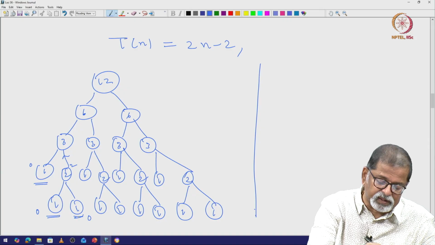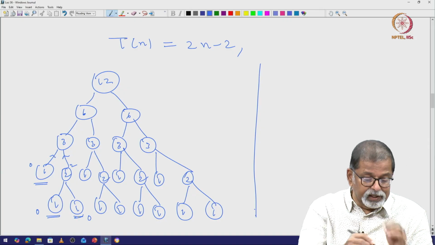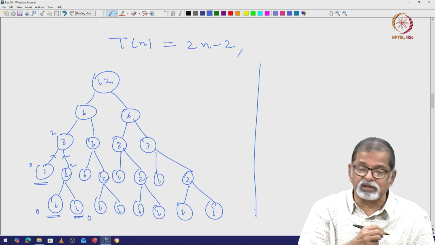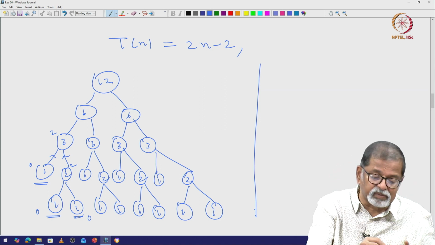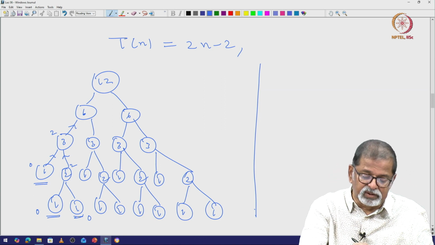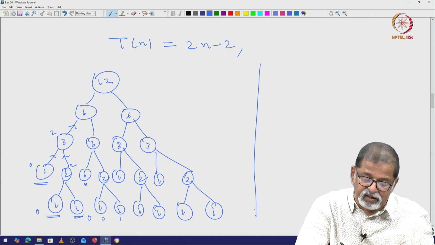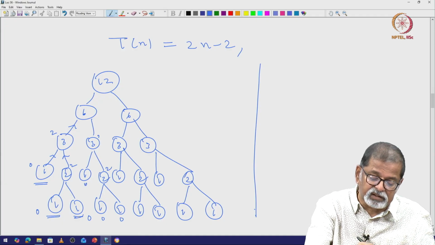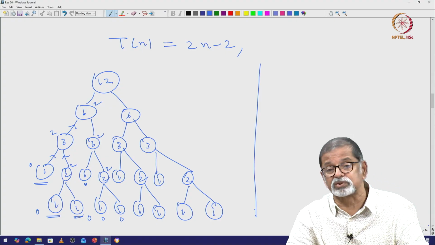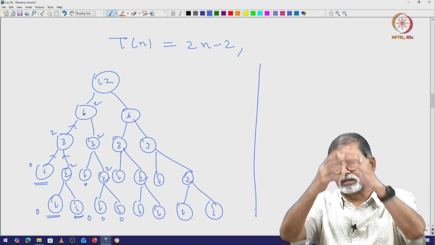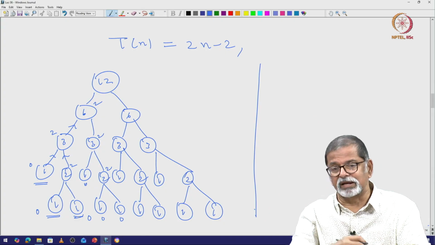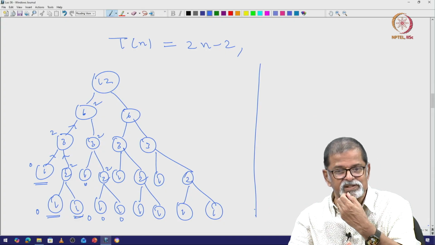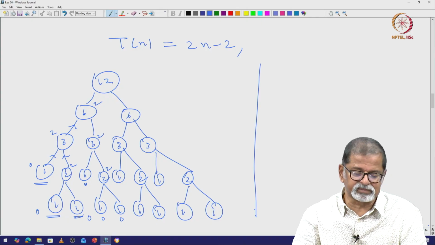Here with 0 comparison you will return. Again mins are compared, max are compared, min and max are returned. So in this way the leaves will have 0 cost, every internal node will have a cost 2, because that is where the comparison is done and values are returned. Final output is computed and you return it.